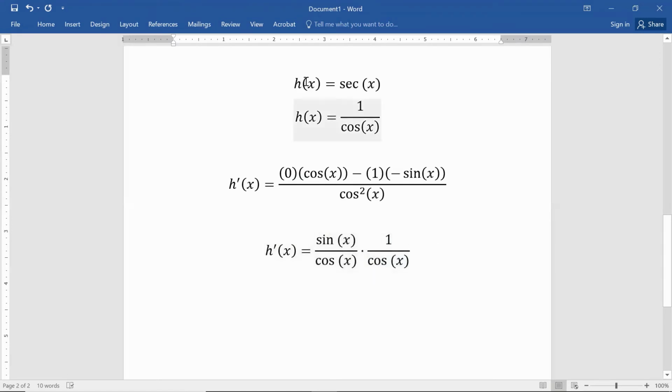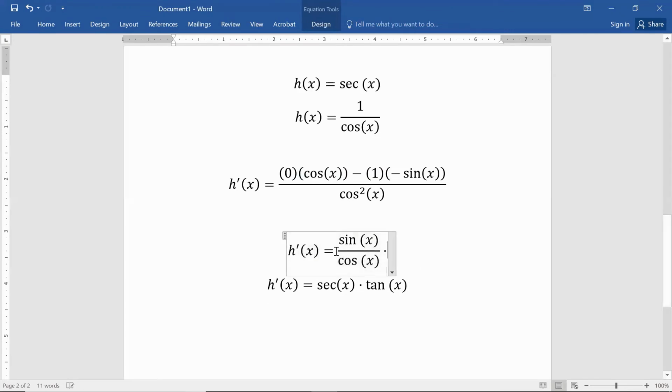And that tells me that if my function is secant, then the derivative of that function is equal to tangent times secant. Or most people will write the secant first. They'll write secant of x times tangent of x. Let me write it that way so that we see that.